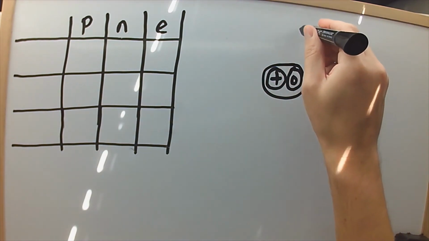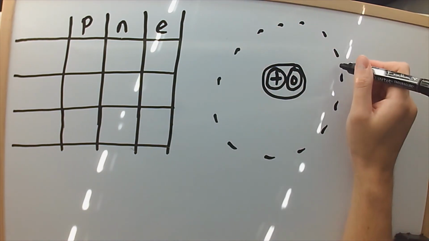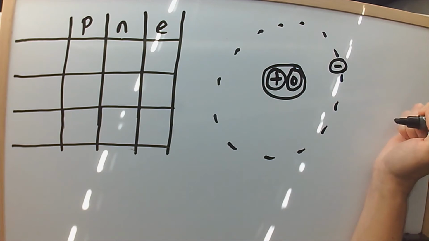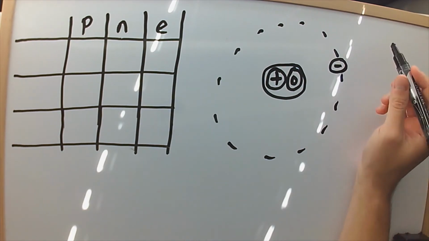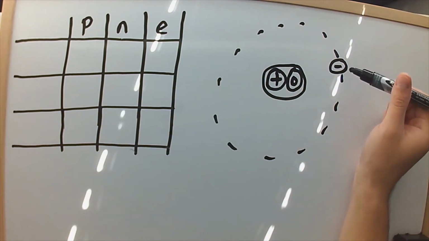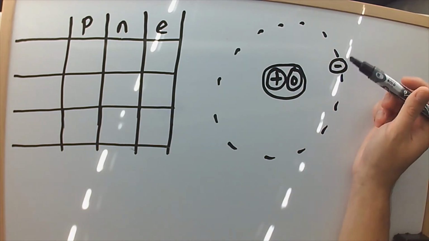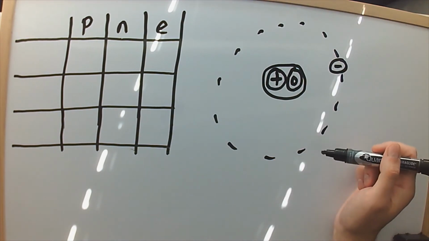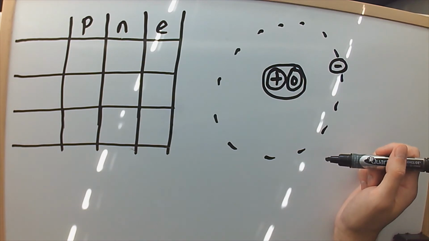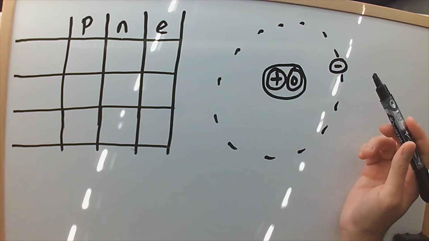And then around the outside were the electrons that are negatively charged. All right, this is a rudimentary model, but it works. So, if something has a positive charge, that means it has more protons than electrons. If something has a negative charge, that means it has more electrons than protons. Right? That's how it is.